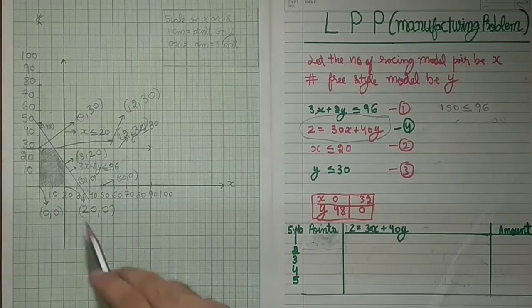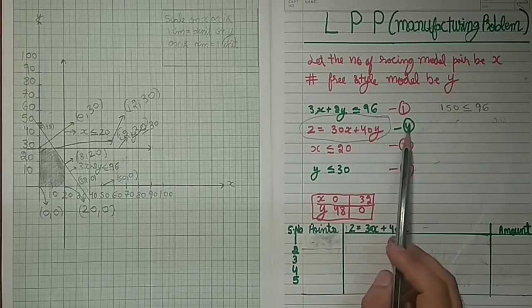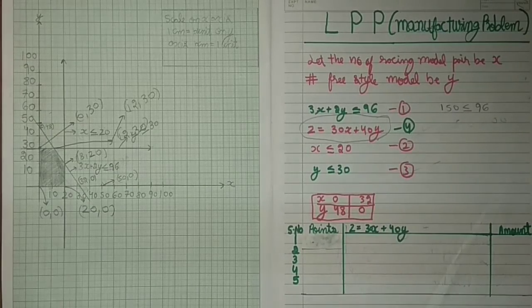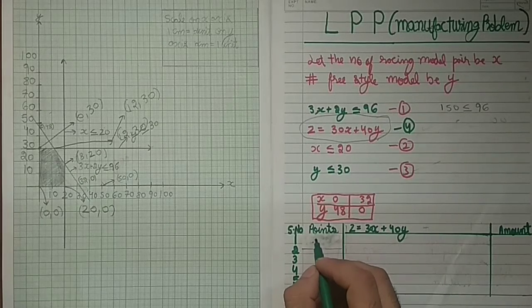Next, we will put all these 5 points in our objective function, that is equation number 4, one by one. Let's first write these points in our table.